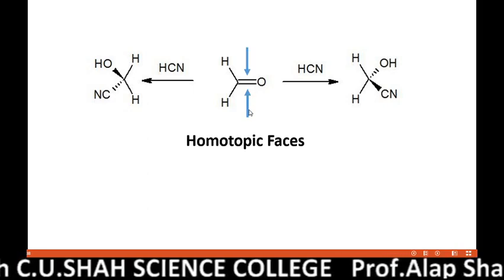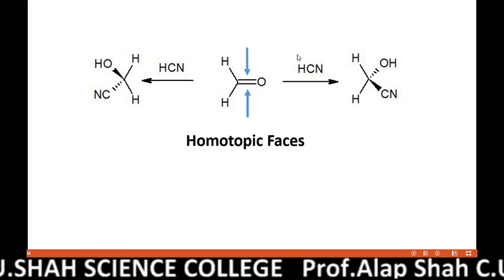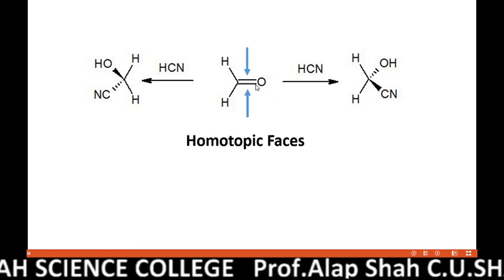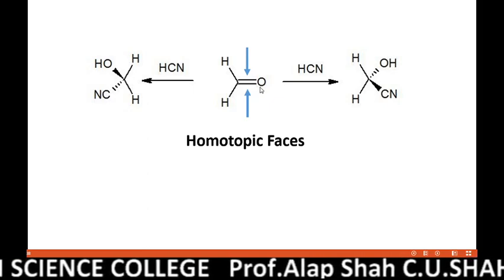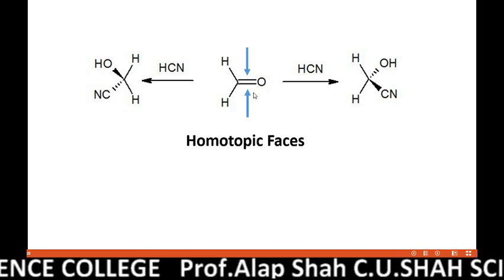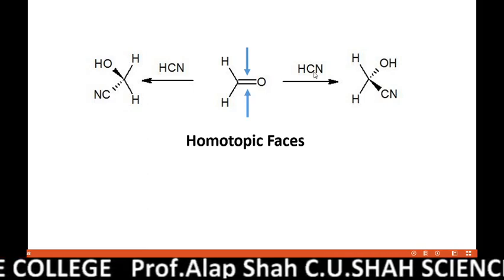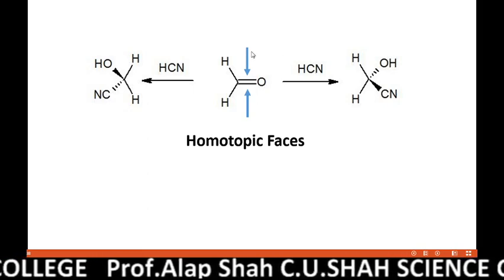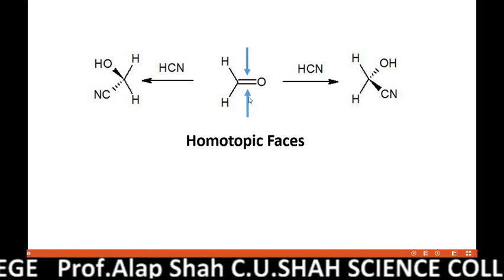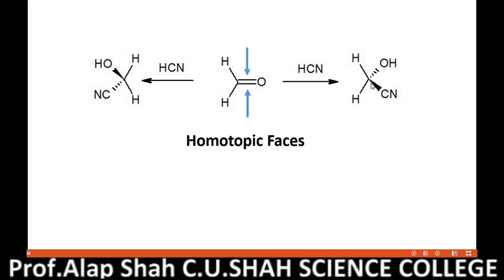We know that, for example, addition of hydrogen cyanide to the carbonyl bond, as shown in this example, always gives cyanohydrin as a product. Now here you can see that whether the nucleophile attacks from the plane above or from the plane below, we are getting the same product.